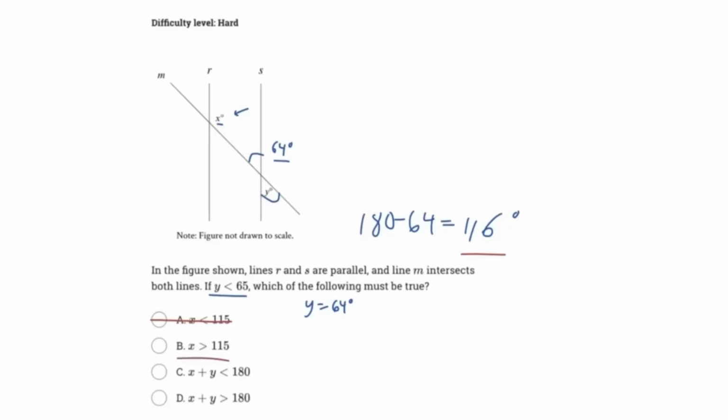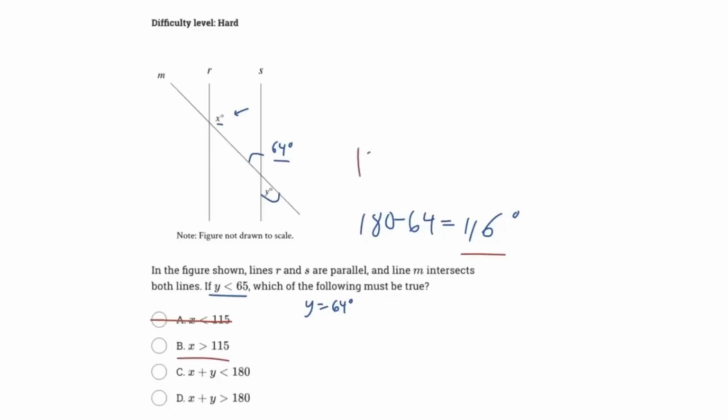But let's see if B is true. B says X has to be greater than 115. Is that true? Well, we know that the biggest value of Y that we can have is not even 65, because it can't be equivalent to it. It would have to be like 64.999.